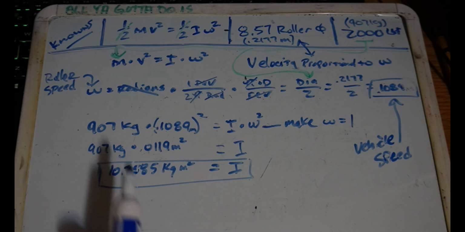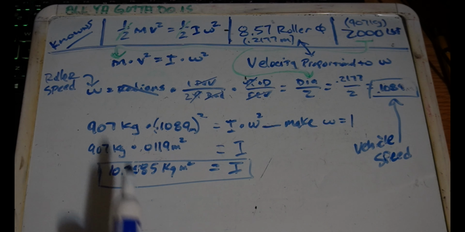The mass we already have: that's the 2,000 pounds or 907 kilograms. And the velocity and the rotational speed have a proportionality constant, because the velocity has to be proportional to the rotational speed. Just like if you put bigger tires on the back of your car, at the same RPM you're going to go faster. That proportionality comes from the roller diameter.